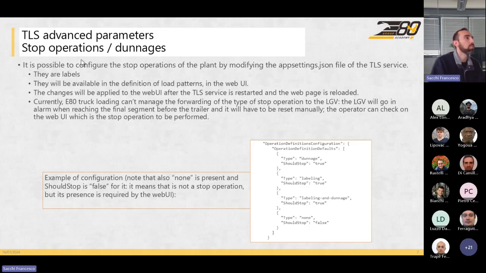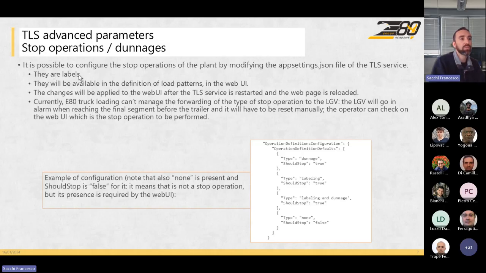Okay. Another configuration possible is about the stop operation and damages. This can be configured in the appsettings.json file of the truck loading system service.